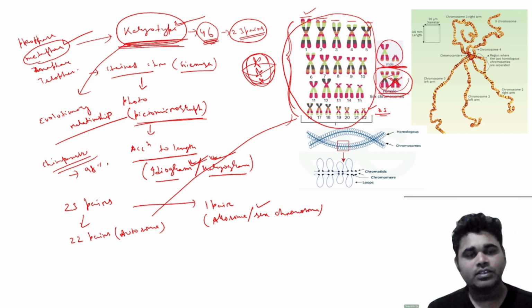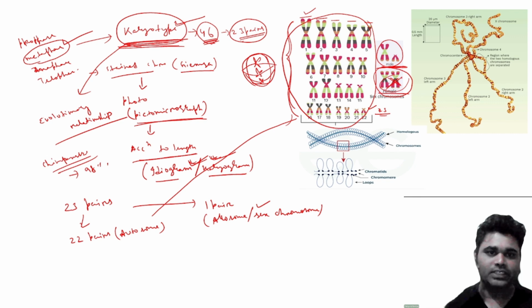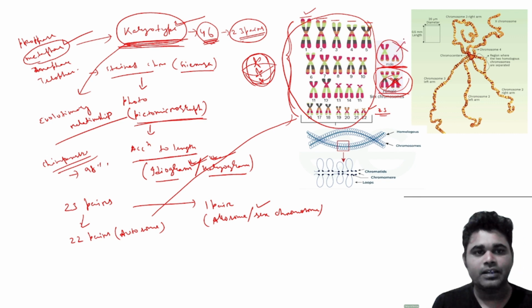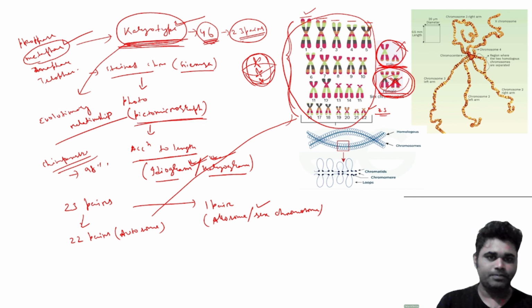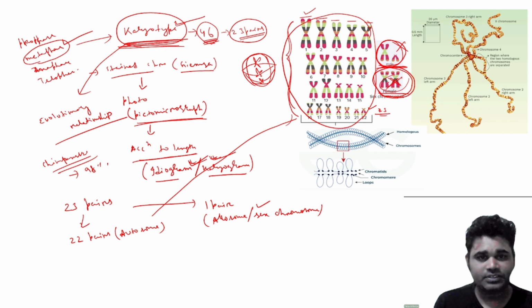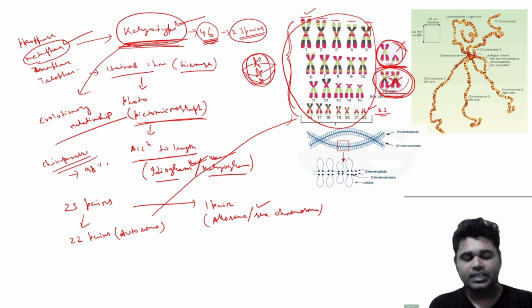If it is female, then this will be absent. If it is the male, then this sex chromosome is present and the female one is absent. So this is the main karyotype structure.